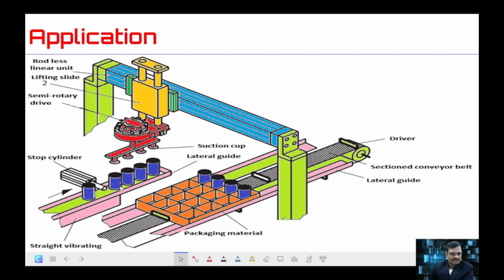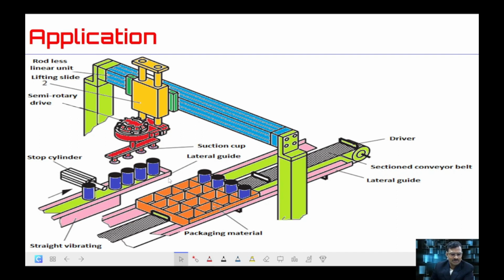Once the objects reach the conveyor end and the required number is achieved, the counter gives the signal to the stopper cylinder to move forward. The cylinder will actuate and give a forward motion so that it stops the objects.